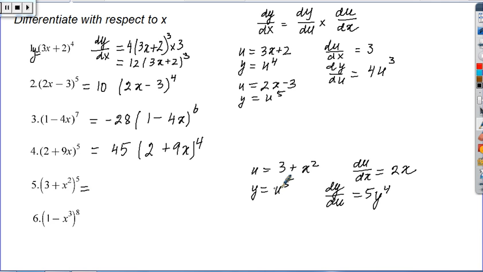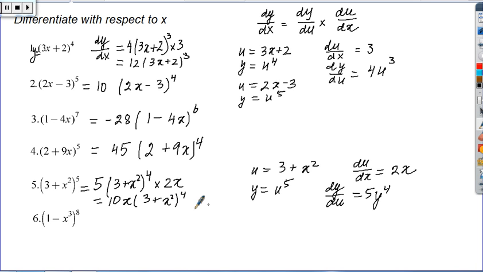So finally we are getting dy by du is 5(3+x^2)^4, times du by dx, which is 2x, equals 10x(3+x^2)^4.